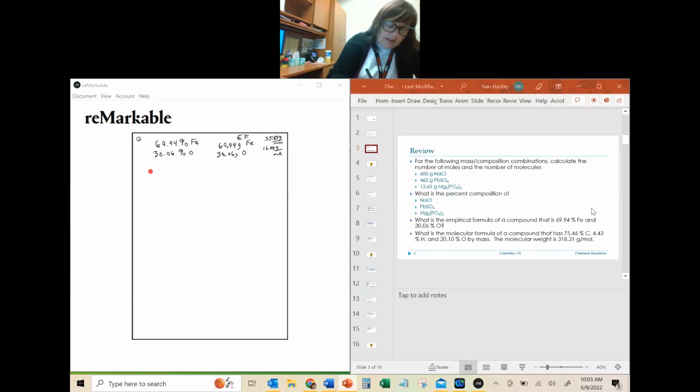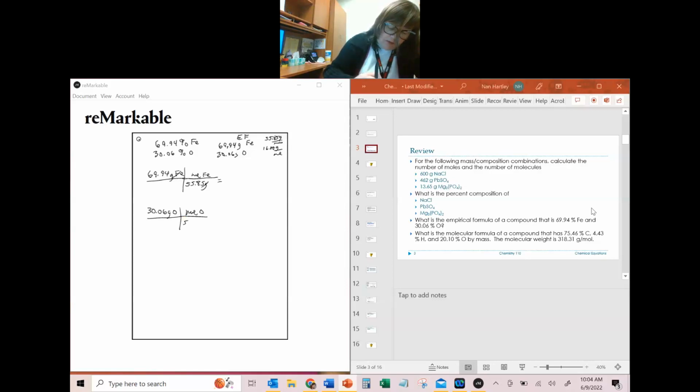If I calculate the number of moles, I take the mass that I was given, I divide by the molecular weight. Grams cancel. It leaves me with moles of Fe. I will calculate that in just a second. I'm going to set up my second calculation before I do that, that way I can do both of them at the same time.